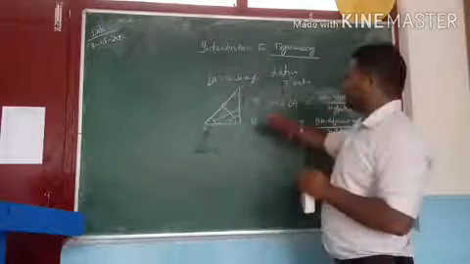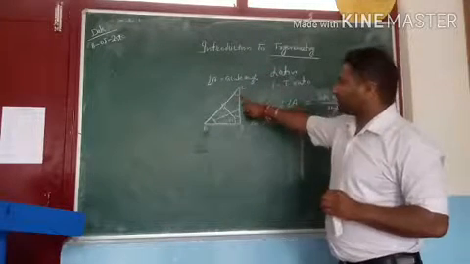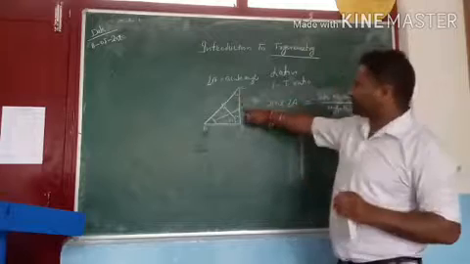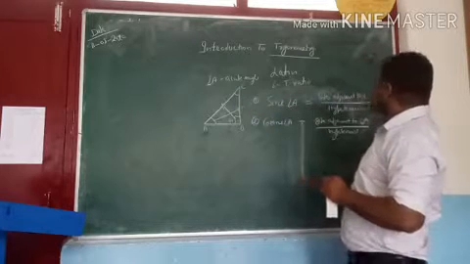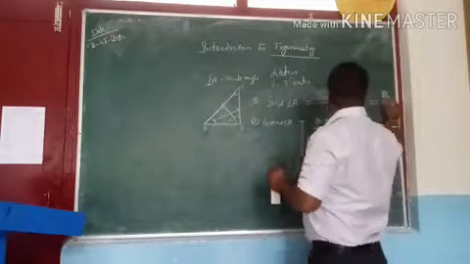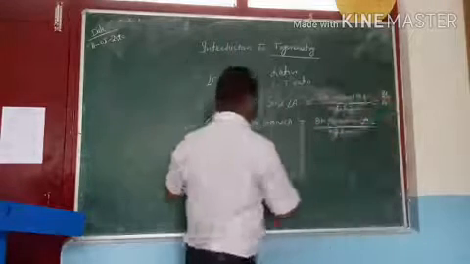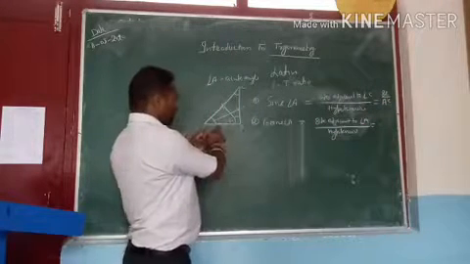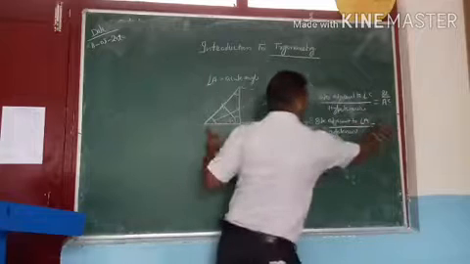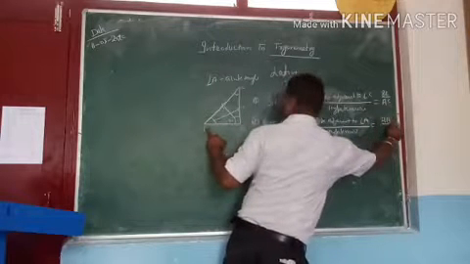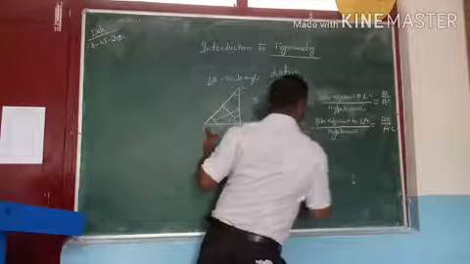So according to angle C, the side adjacent to it is BC, so it is BC upon AC, and in this case the side adjacent to angle A is AB, so AB upon AC.